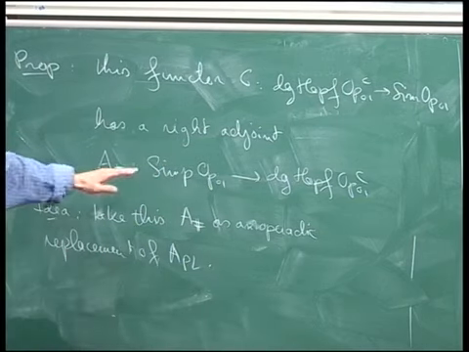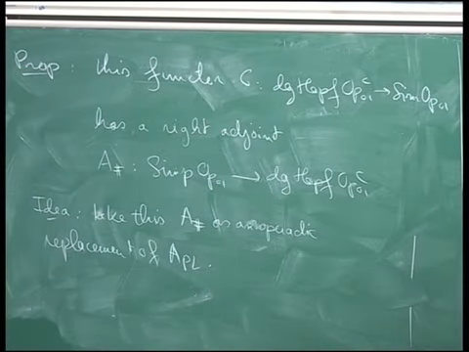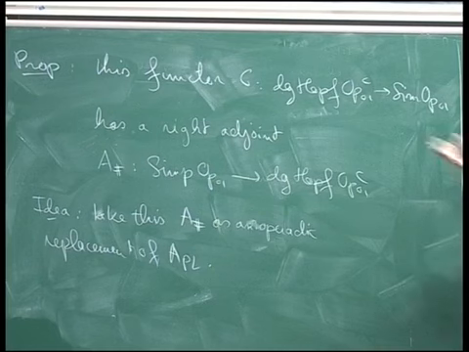So you just know that this right adjoint exists, and you have to prove that this actually works.